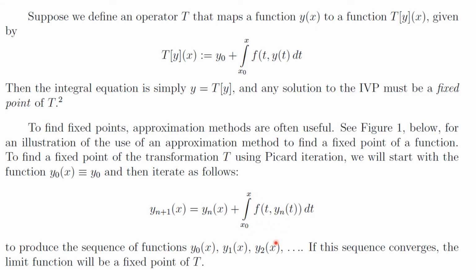So you see I have a recursion, because I can go from the nth solution to the (n+1)st solution in the sequence. And we get a sequence of functions, y0, y1, y2. And if this sequence converges, it can be shown, and that's what the proof is about, the limit function will be a fixed point of T, and in fact this will be what we're looking for.